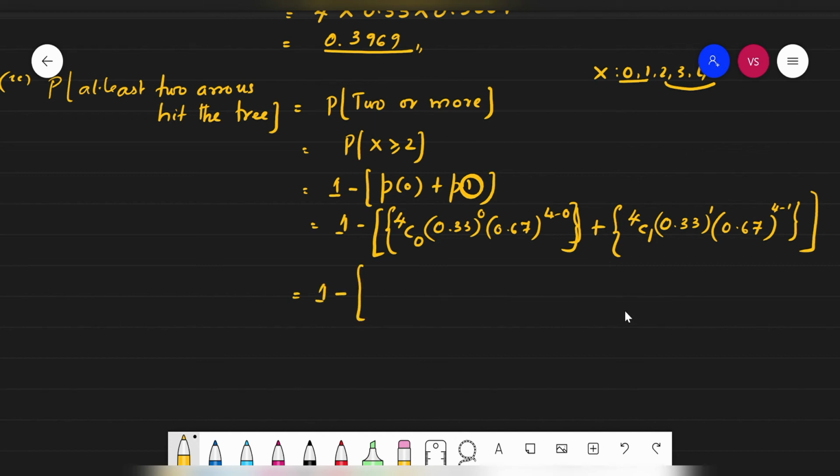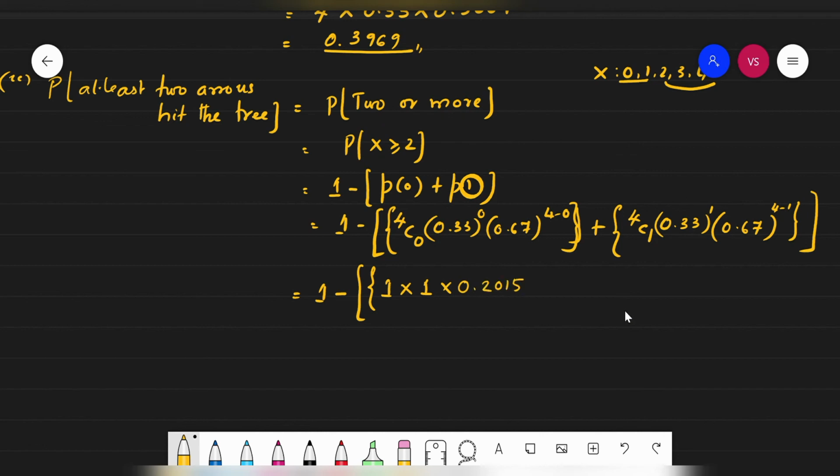4C0 is 1. 0.33 raised to 0 is also 1. And 0.67 four times, 0.67 into 0.67 into 0.67 into 0.67 is 0.2015.